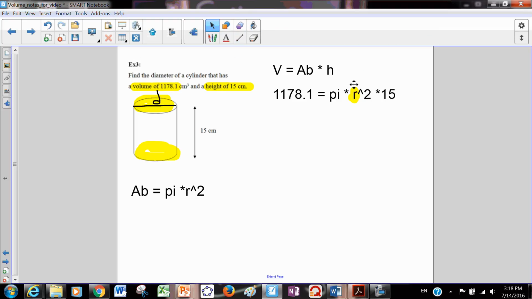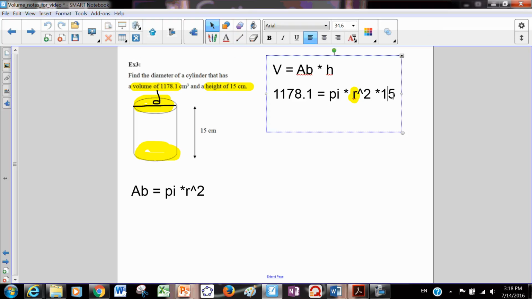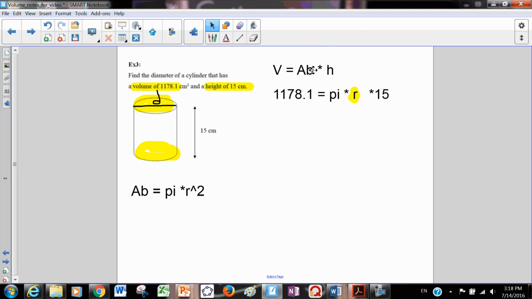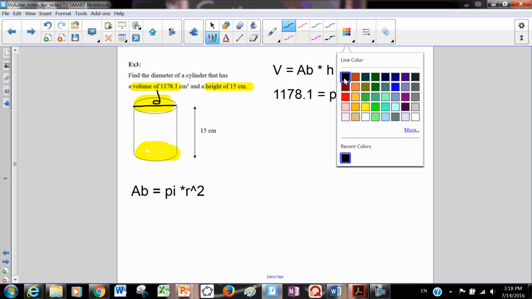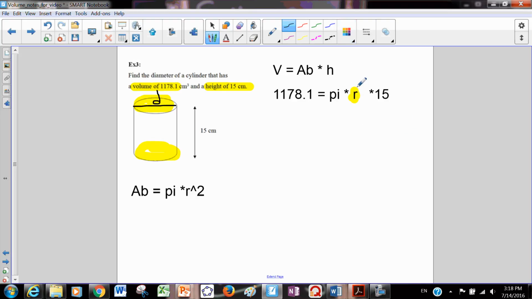What we need to do is get rid of everything that's around it. I'll put the square like this so it's easier to see. So we have r squared.